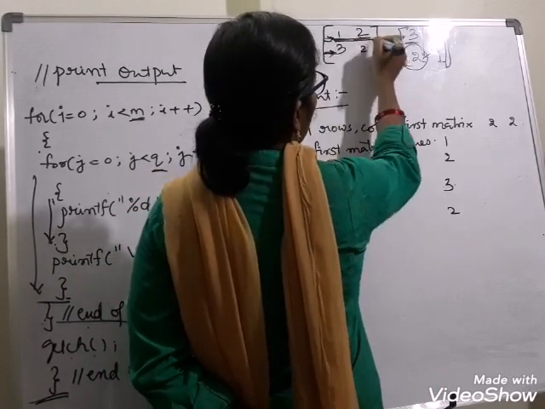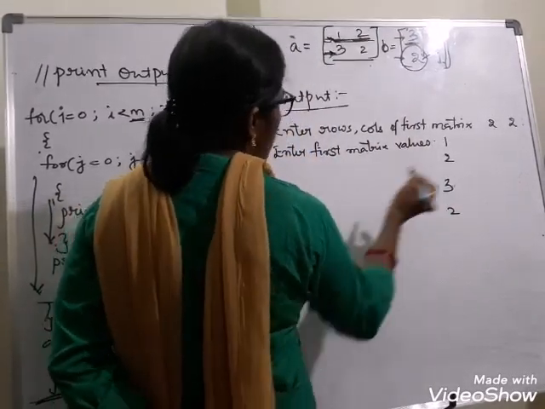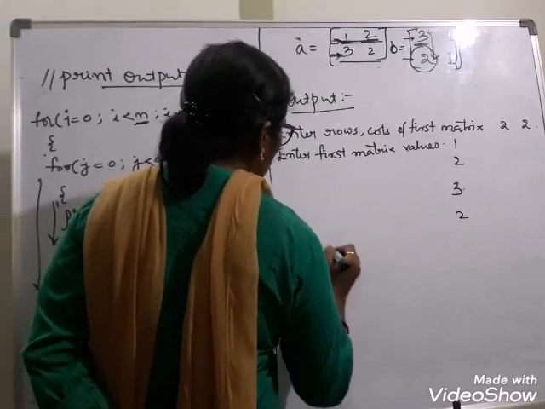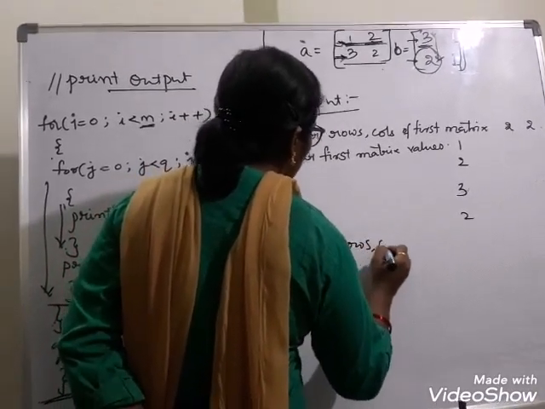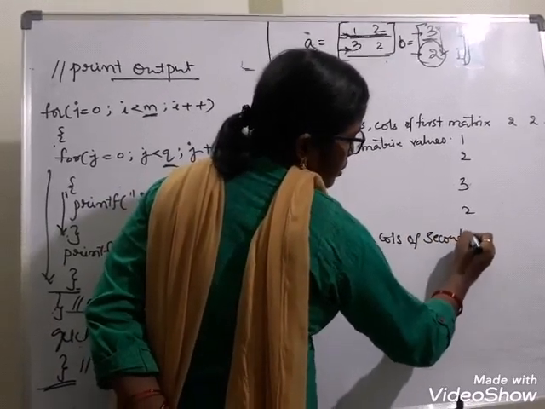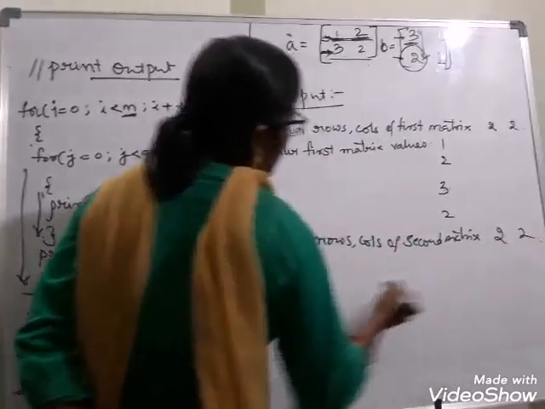Always remember, like this the values will be stored into an array. Okay. So after this, it will ask to enter the rows and columns of the second matrix. So I will enter again 2 by 2.